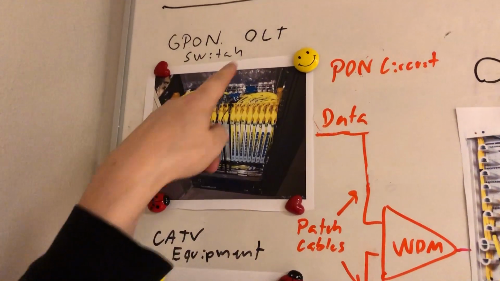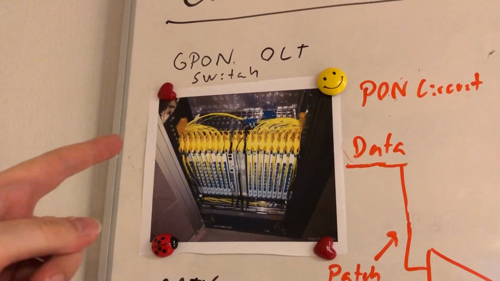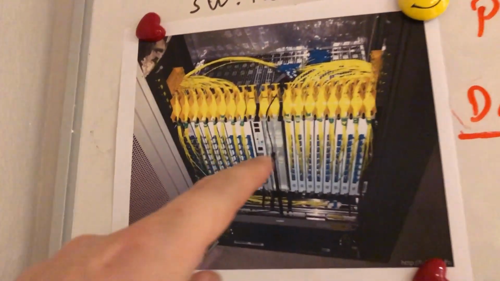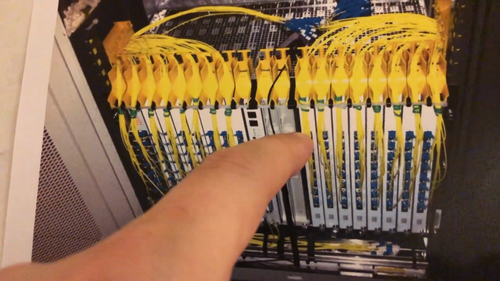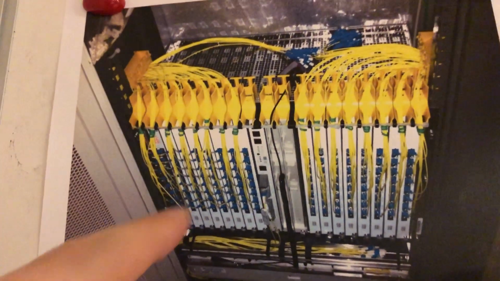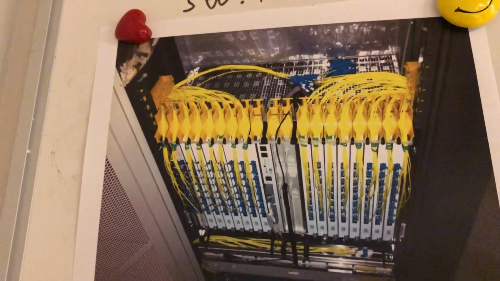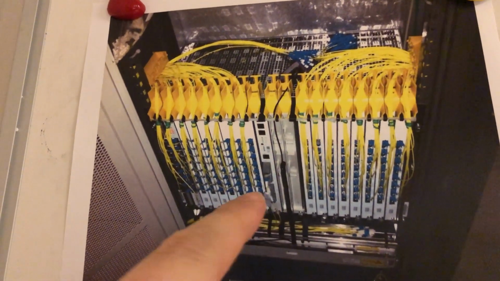This is known as the OLT, optical line termination, and it's basically a switch. Each of these yellow things going out is a fiber patch cable, connected to a port. One port in this switch can actually support up to 128 customers, but in Denmark we only split out to about 32 customers. So one of these fibers serves 32 customers.